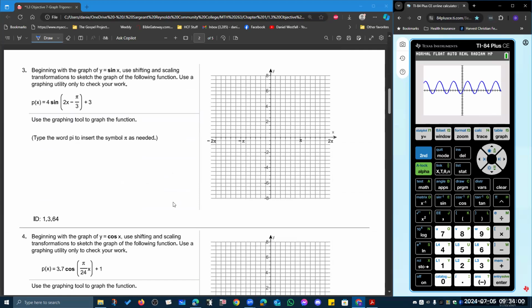Let's look at this next one. Our amplitude for our sine function here is going to be 4. Our period is going to be 2 pi over 2, which is pi. Our phase shift is going to be pi over 6 when we solve in here. Our vertical shift is going to be 3.